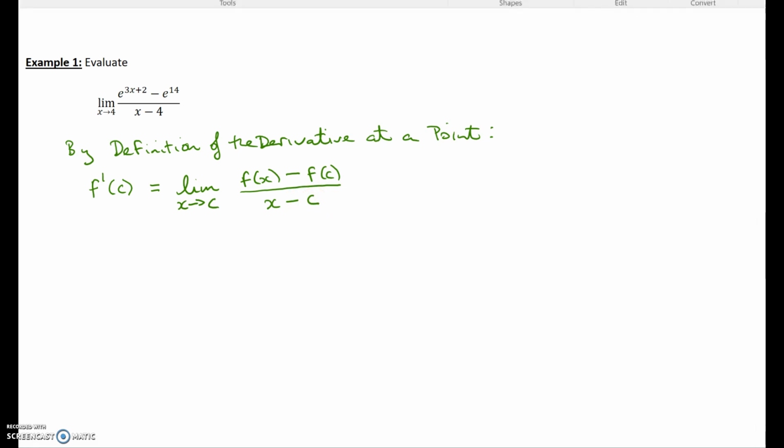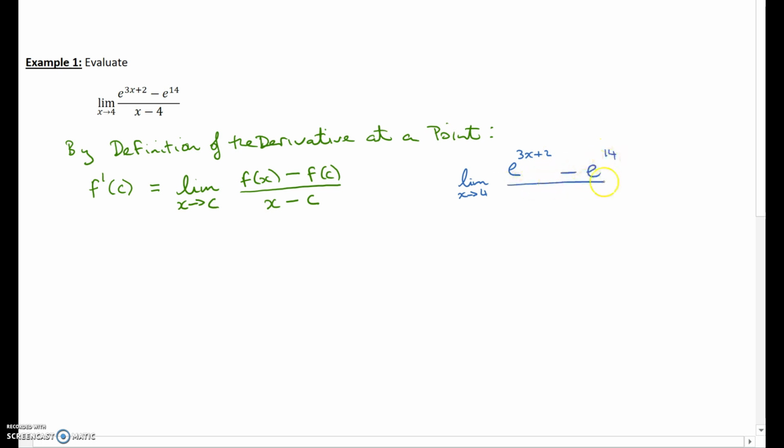In our case, we have the limit as x approaches 4 of e to the 3x plus 2 minus e to the 14 all over x minus 4. Well, how do you know? What's your first clue as to why this could be done by the definition of the derivative?